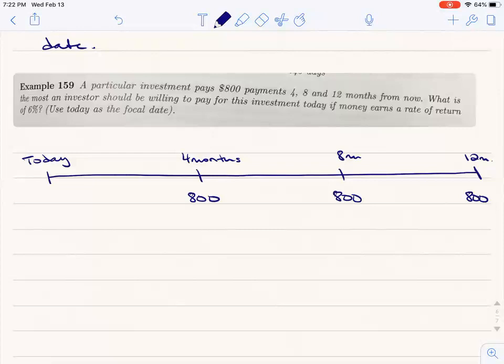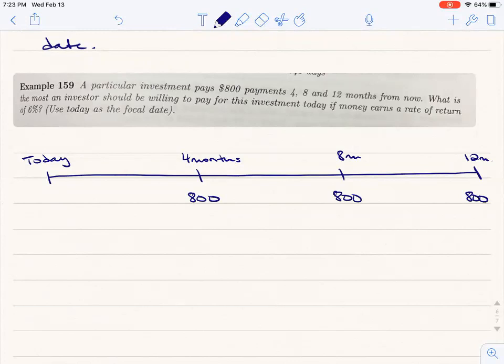The value of this 800 today, that's going to be slightly less, right, than 800. Each of these are going to be a little bit less, right, because in theory, they've grown to 800. So when you're doing your work and you want to check your work, make sure that the value on this side of the timeline is less than the value on this side of the timeline, right? Because it'll always grow regardless of whether you took out a loan or you invested some money.